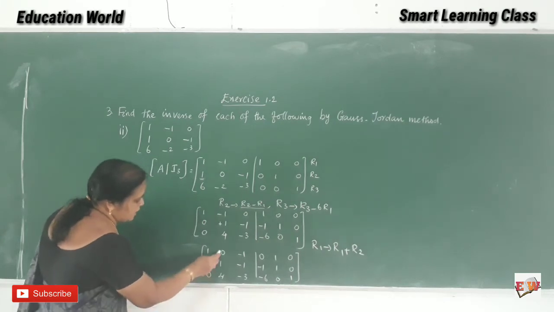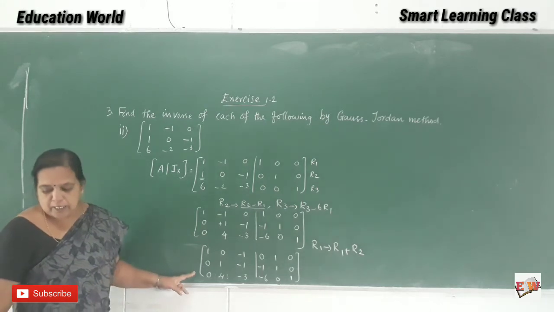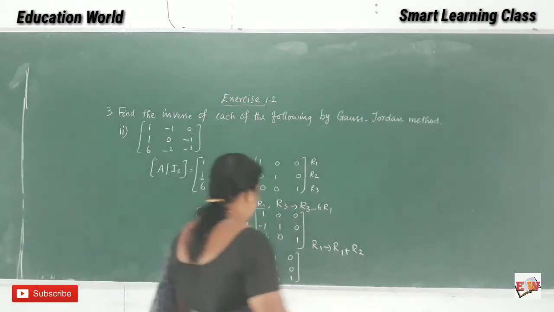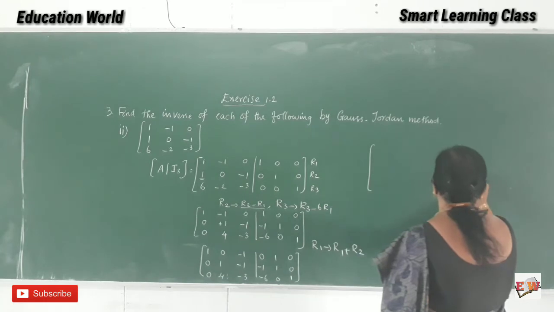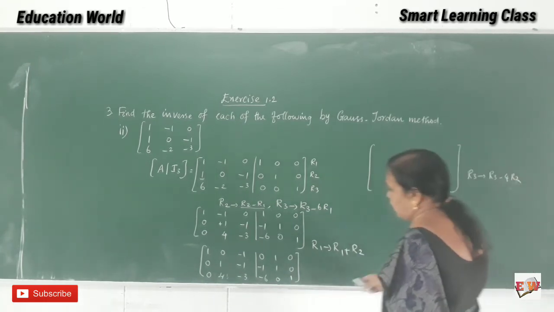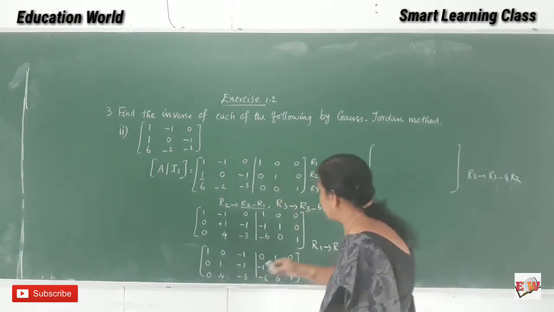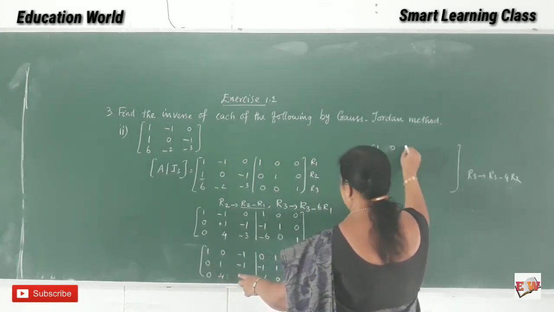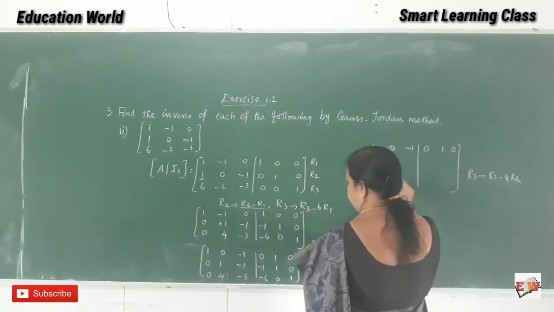We completed this. Here this term should be 0. R3 gives R3 minus 4 R2. Listen, R3 has 4, minus 4 times R2's 1, this time it will come 0. So the first row as it is, you have to write: 0, 1, 0.